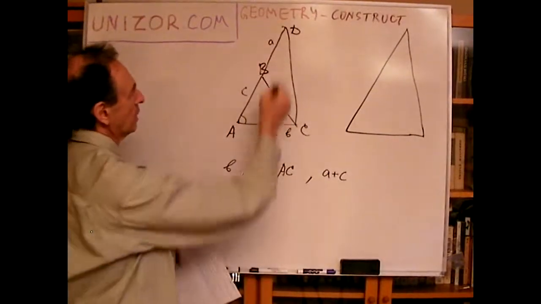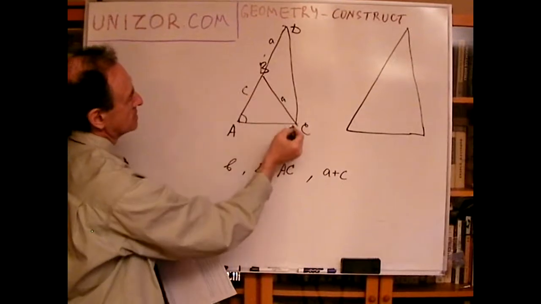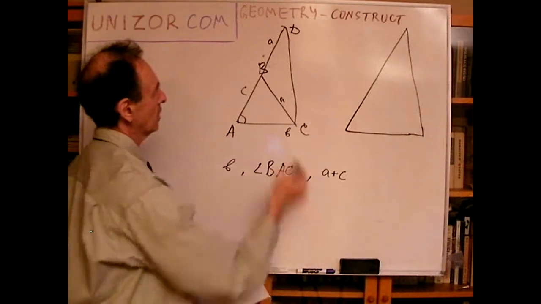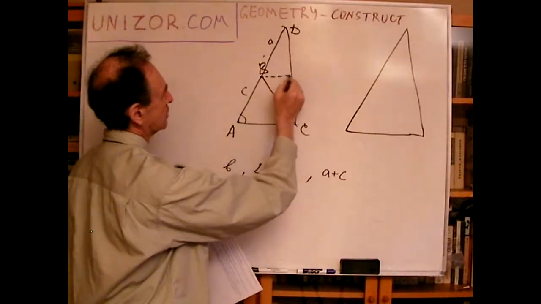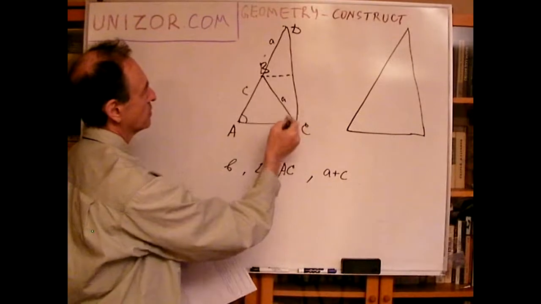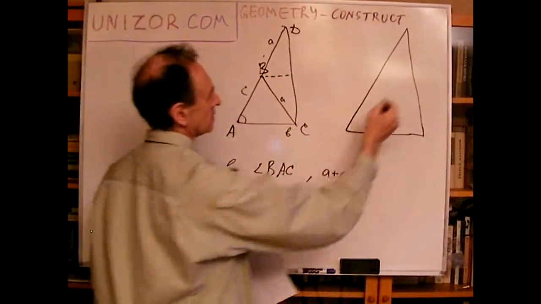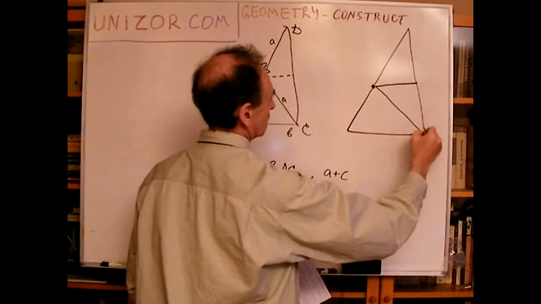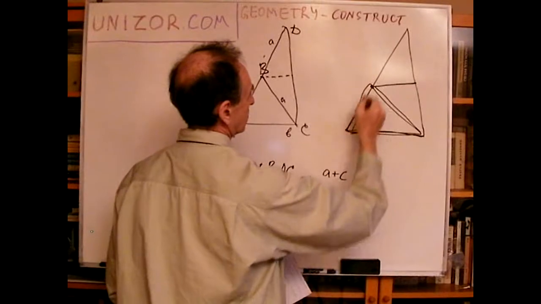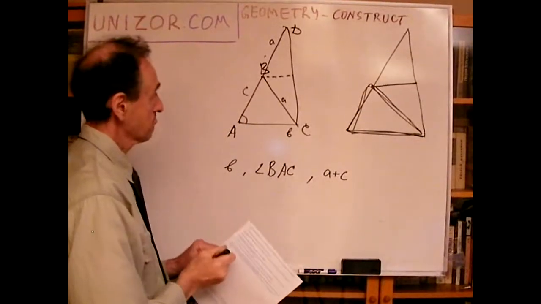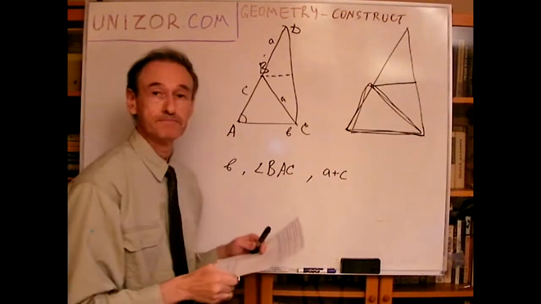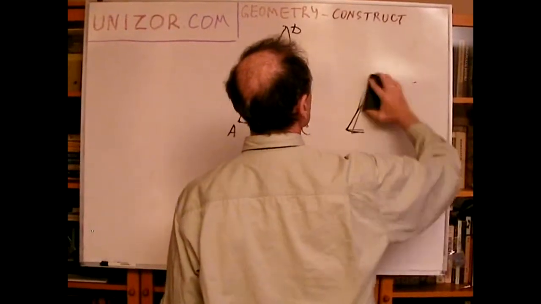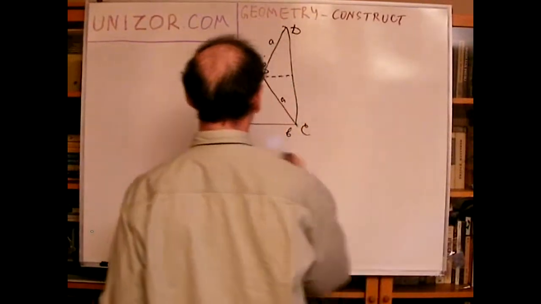Now, this is A and this is A, which means BDC is an isosceles triangle, which means to find the point B, we have to draw the perpendicular bisector to this side. And here is our point B, and here is our triangle, this one. All right? Seems to be simple, right? It's exactly the same as with right triangles, but instead of the right angle, we have a given angle.